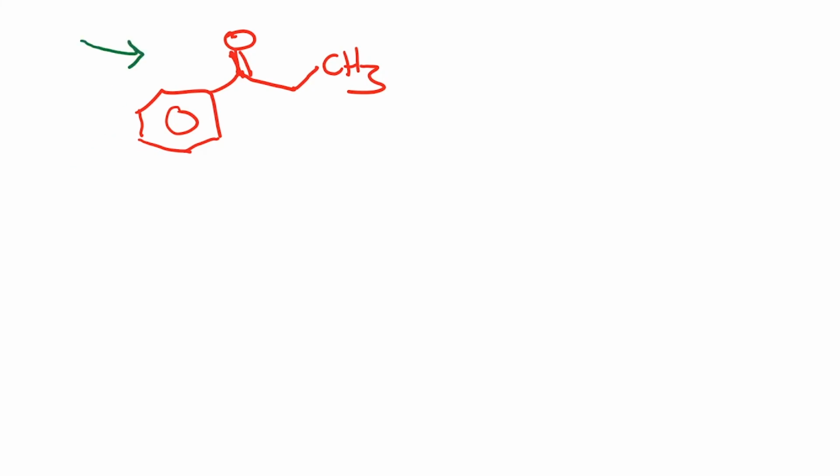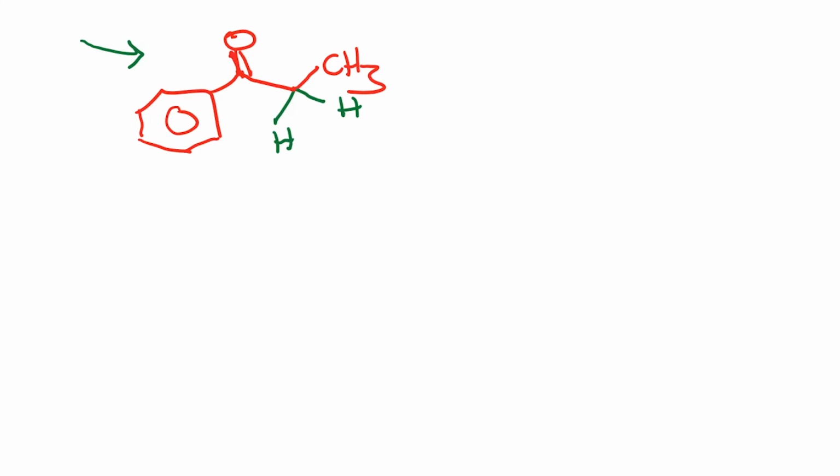Now let's take another example. We can take acetophenone, so that we can draw a slightly more complicated molecule. Now if I look at it from this side, there are two hydrogens sitting here.